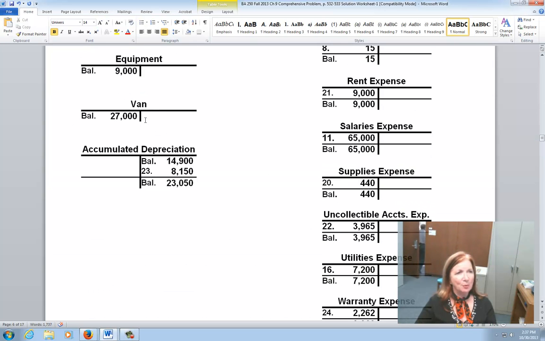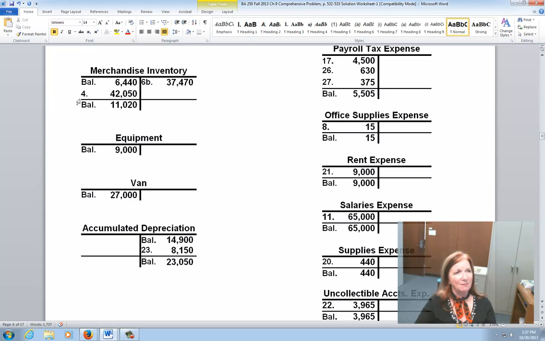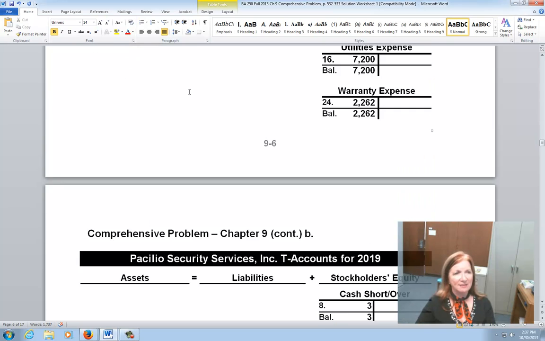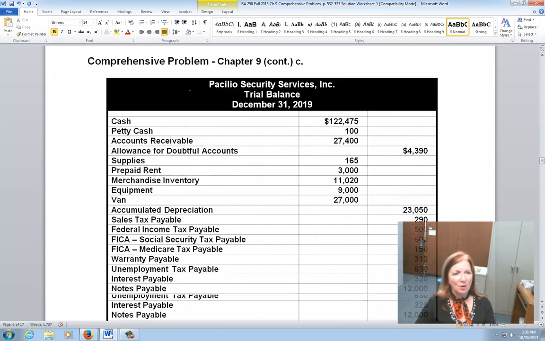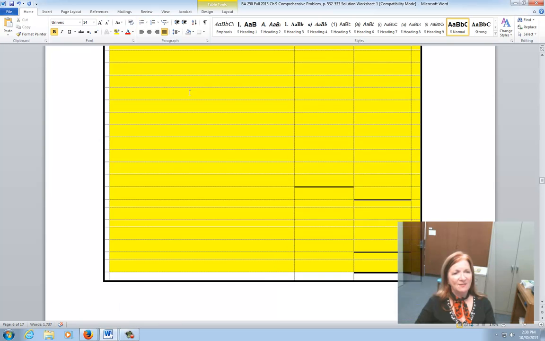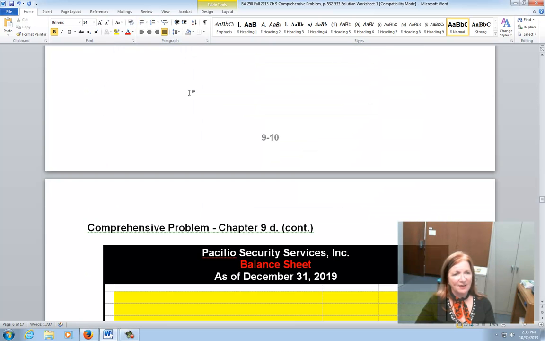We have a depreciation, but it was a van we already owned, so we didn't invest in that. We have equipment, but we didn't invest in that. It had a balance that came forward. We had machinery, we had merchandise inventory, but we've already recorded that. That's not a long-term account. That's a current asset. So we have no investing activities.